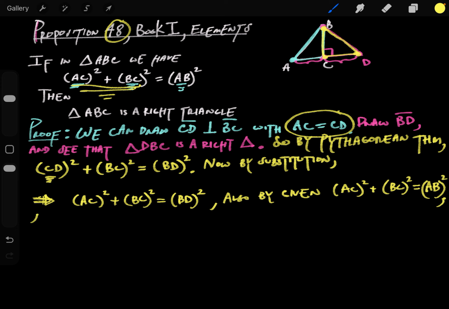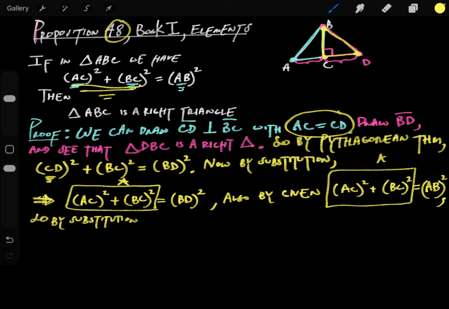So by substitution again, if I call this whole thing star, then this is also star over here, because these two things are the same. This is AC squared plus BC squared. This forces BD squared equal to AB squared.